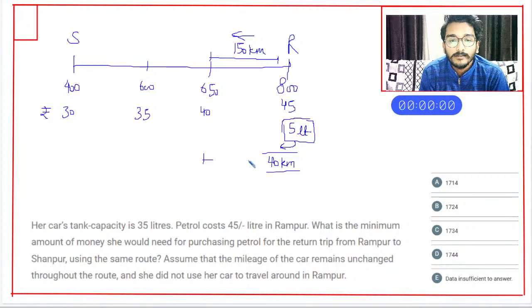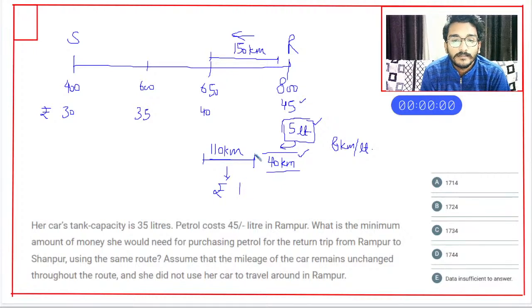She has to cover 110 kilometers anyhow, since she can cover 40 kilometers in those 5 liters because the mileage is 8 kilometers per liter. Correct. So she has to cover 110 more. And how much does she have to spend for this distance? The price is 45 rupees. So she has to spend 110 divided by 45 liters worth. She has to spend this much amount.